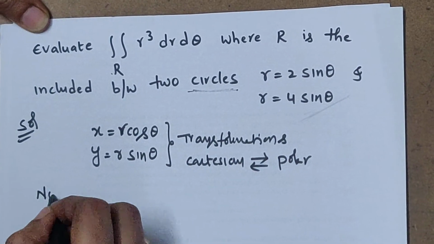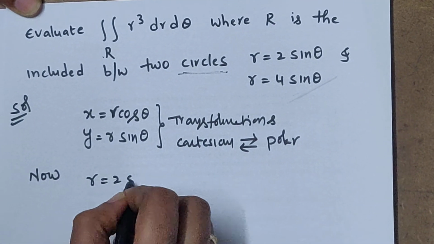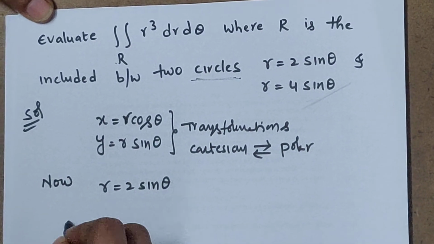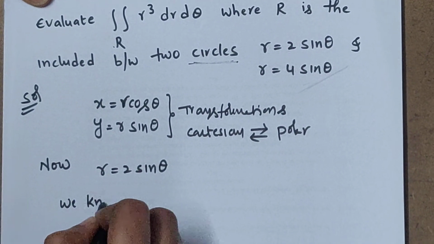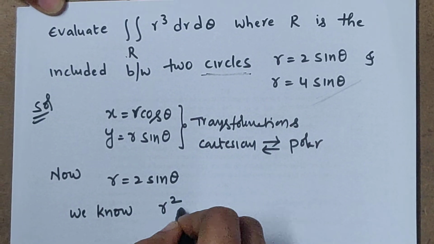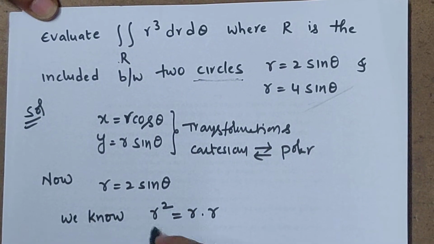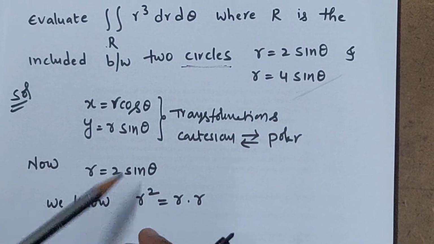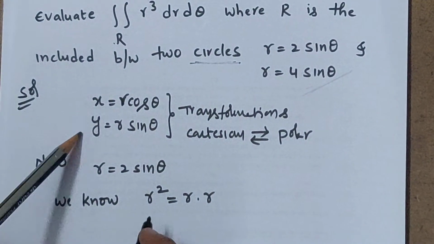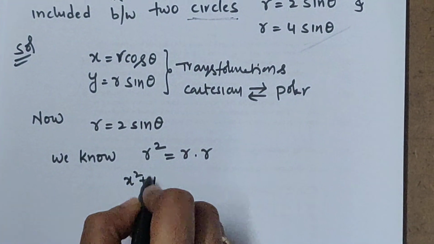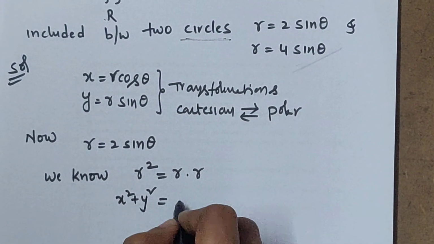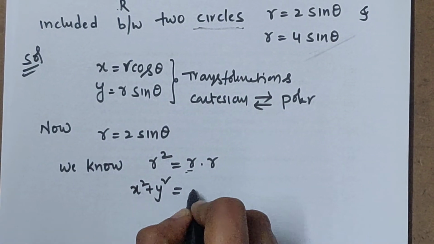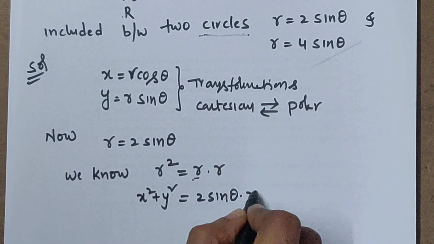So now our aim is to convert the circle r equal to 2 sin theta into Cartesian. For that, we know r square means r into r. Again, r square, from the transformations, is x square plus y square. In place of one r, substitute 2 sin theta, into r.